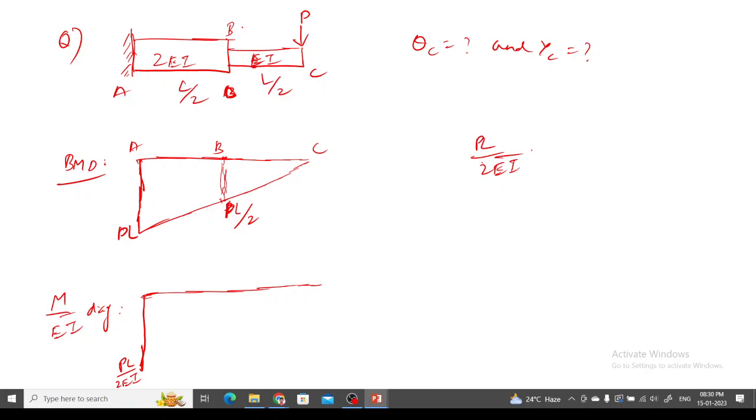So at point B, I have to calculate M by EI two times. First PL by 2 into 2EI, so it will become PL by 4EI when I take it from the left-hand side, as one person pointed out.